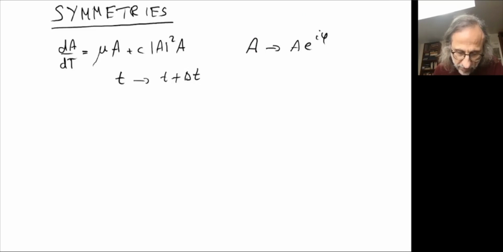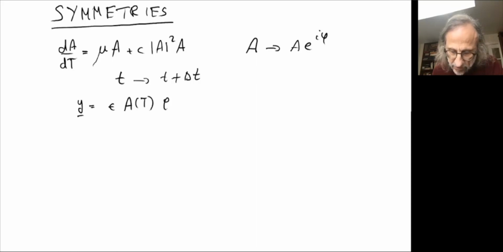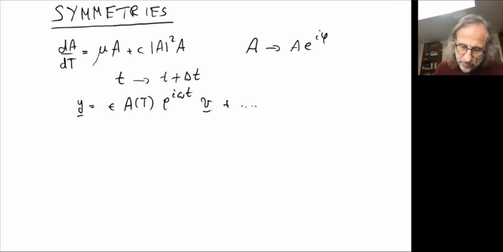In a nutshell, we'll enlarge upon that in a moment, it is all related to the fact that y was given essentially by epsilon times A of slow t times e^{iωt} times some eigenvector plus higher order terms and complex conjugates. And so this is y of t.